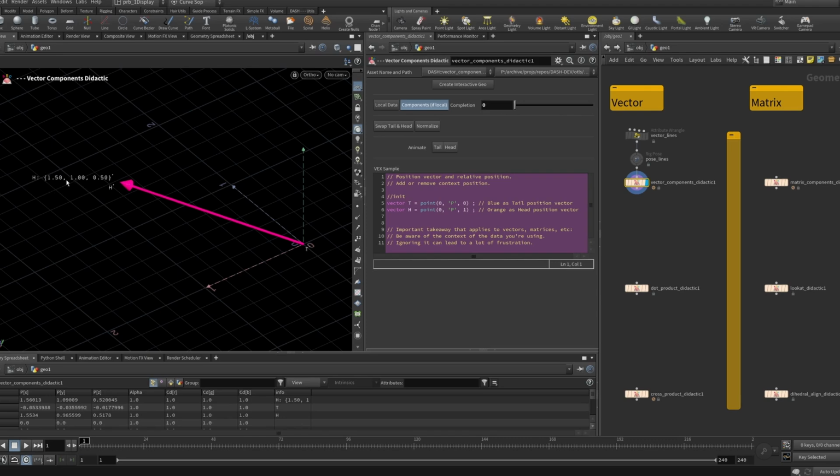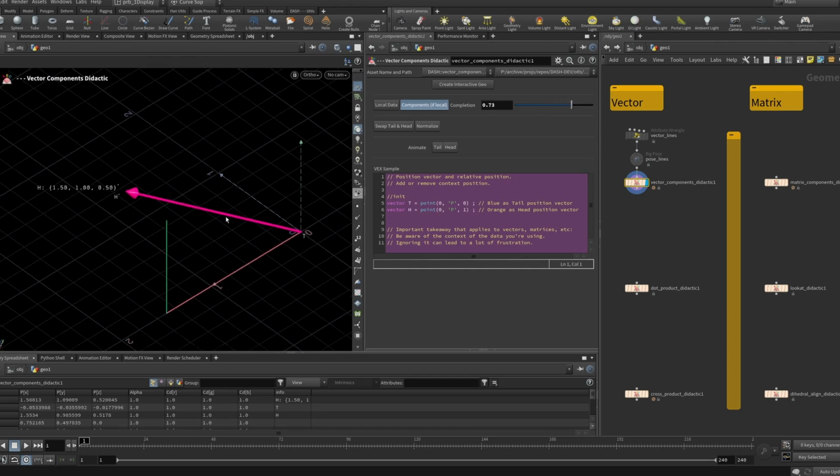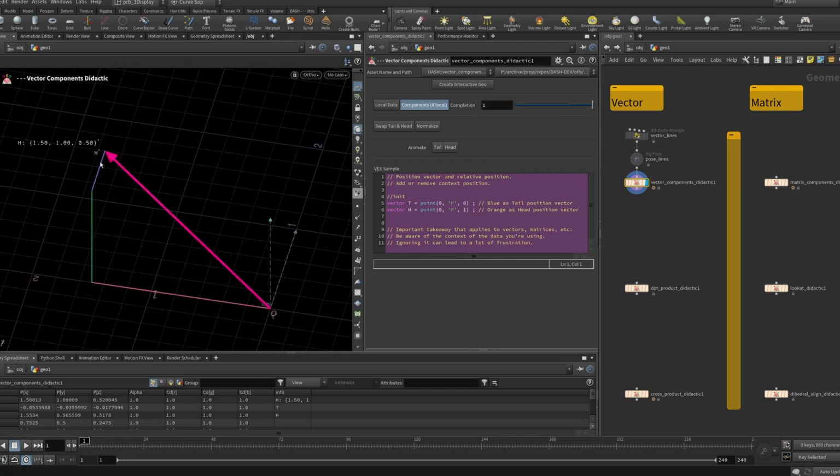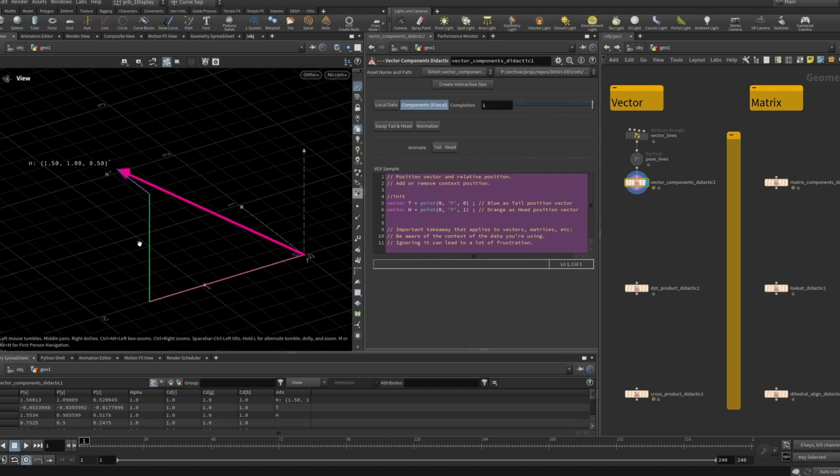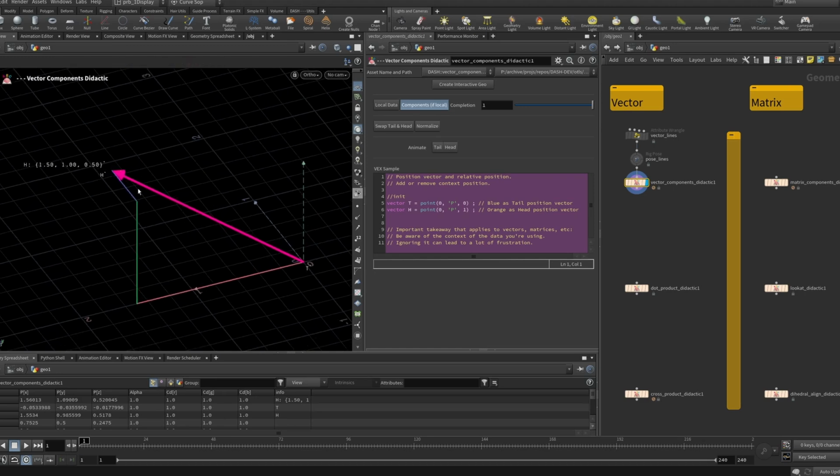If I scale it by 1.5, I get this. Then if I scale this y axis by 1 and I add to the end of this vector, I get this. And then if I get this unit vector for z and I scale it by 0.5 and I add to the end of my addition here, I'm going to arrive to my coordinate. So this is another way of seeing how the coordinate system where the vector exists builds up to its location.